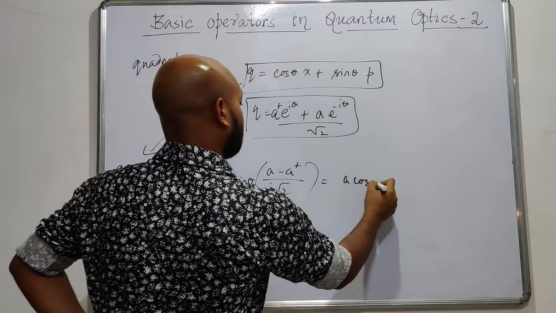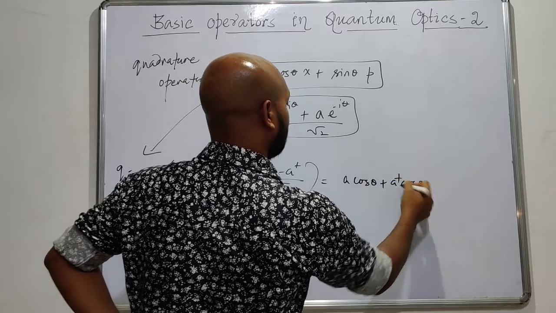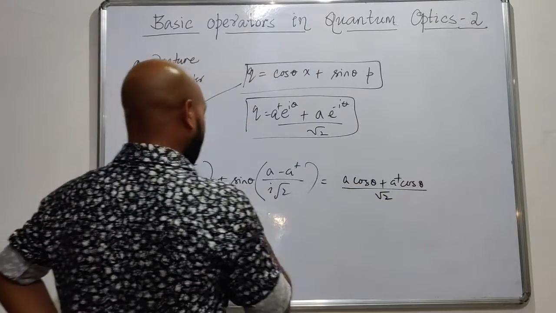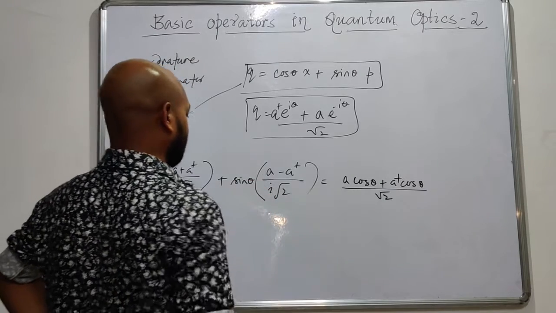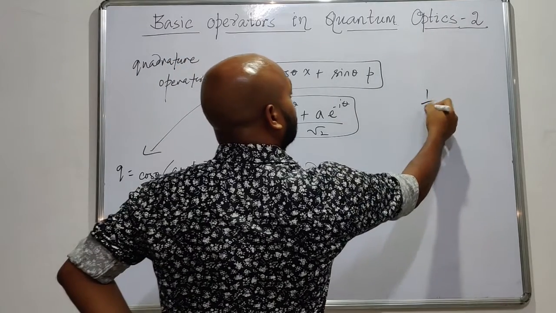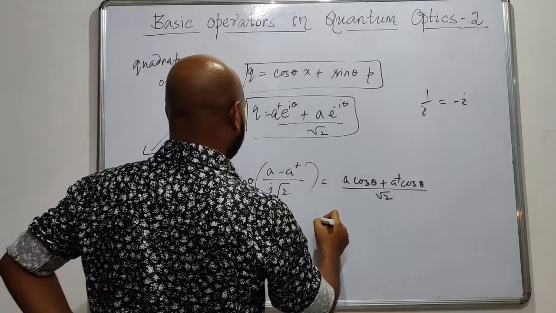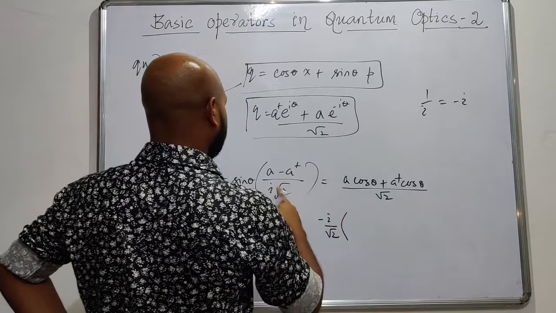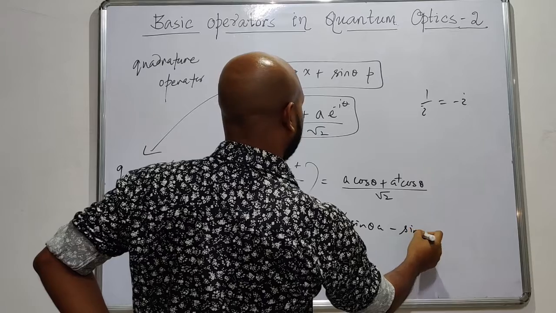I get A cos theta, A dagger cos theta by root 2. And then here, I take this i upstairs, because 1 by i is minus i. So I write it as minus i by root 2, and then sin theta A minus sin theta A dagger.